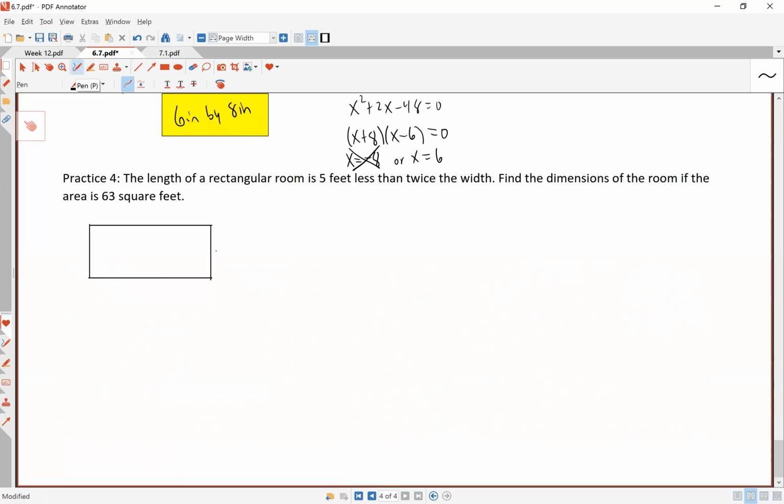So one of these is going to be W, and the other one is 5 feet less than twice that width. But now we're telling you the area is 63 square feet. So you take the length and multiply it by the width, and that gives you 63. The length is 2W minus 5, and the width is W. So you multiply those two together, set it equal to 63, and then factor it and solve. So I'll give you a little bit of time to work on that.